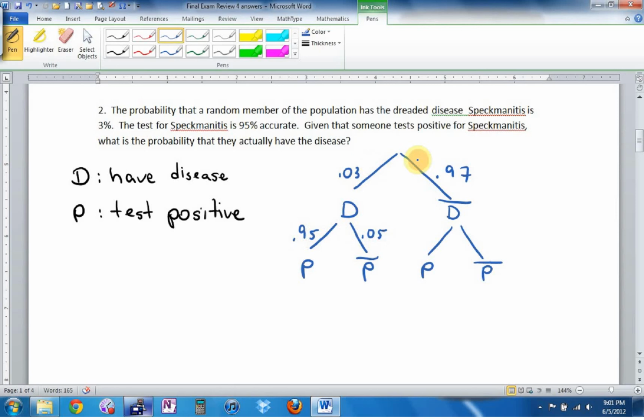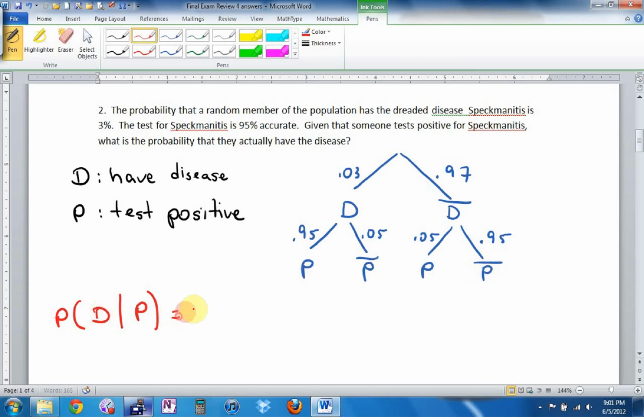If it's 95% accurate, if you don't have the disease, you'll test negative 95% of the time, but 5% of the time you'll be called a false positive. What's this question asking you to find? Conditional probability. Given that someone tests positive, which is the bottom row, find the probability they actually have the disease, which is the top row.